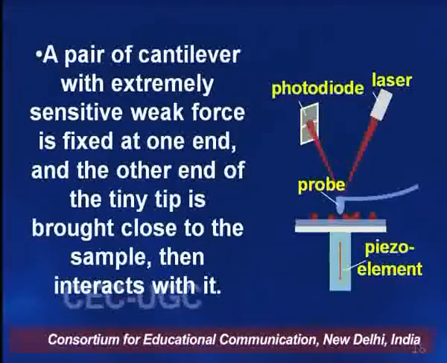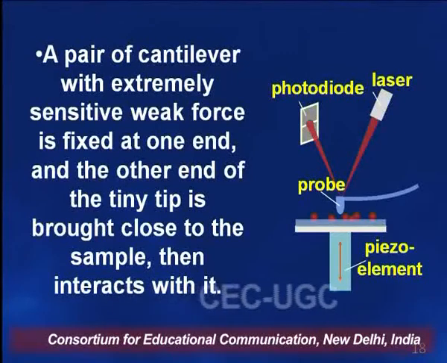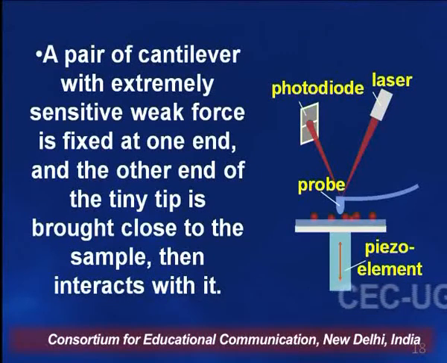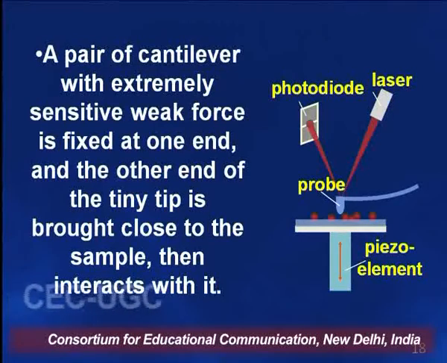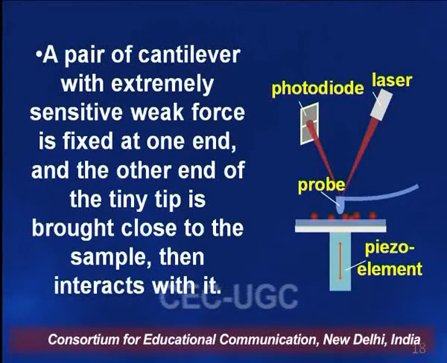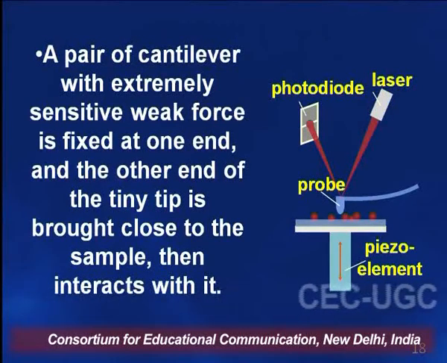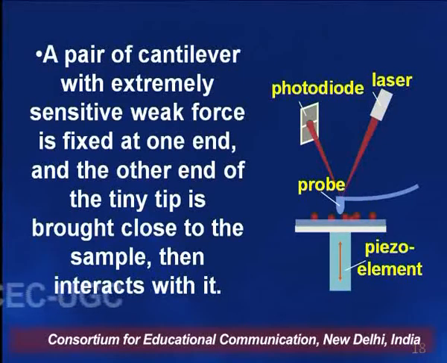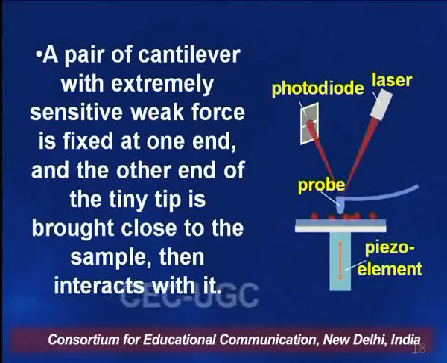Now you see in the diagram on the right-hand side, where the laser beam falls upon a cantilever, denoted by the probe. The laser beam falls upon the probe and exerts a force on the cantilever. That's why the cantilever moves downwards and the tip moves on the surface of the sample, which is on the piezo element.